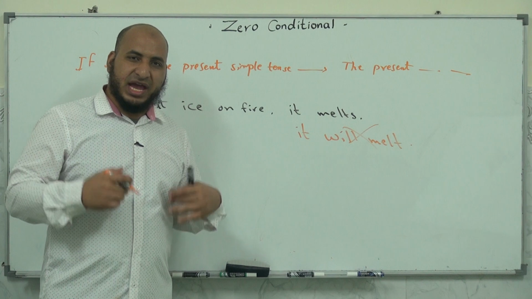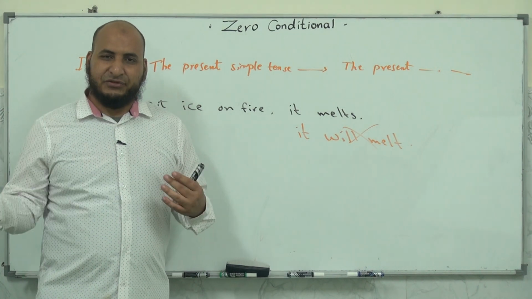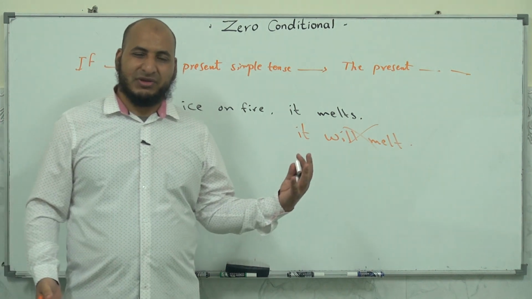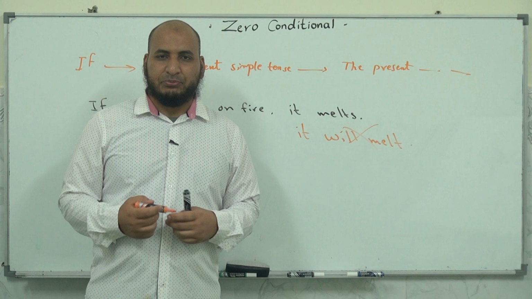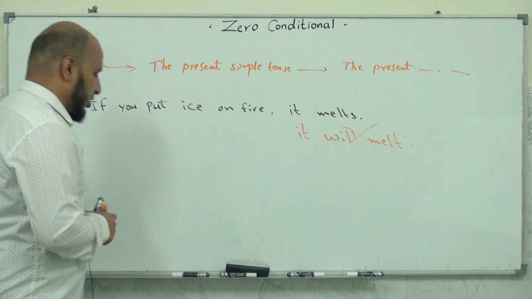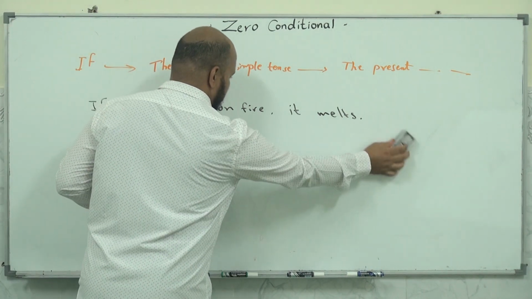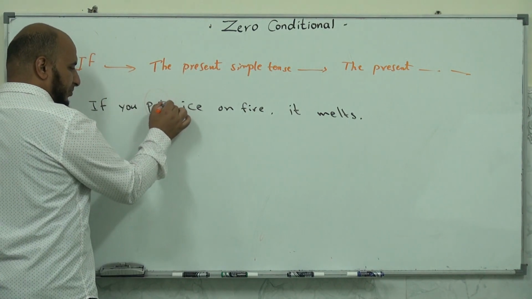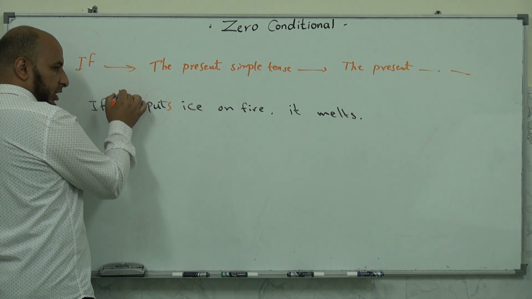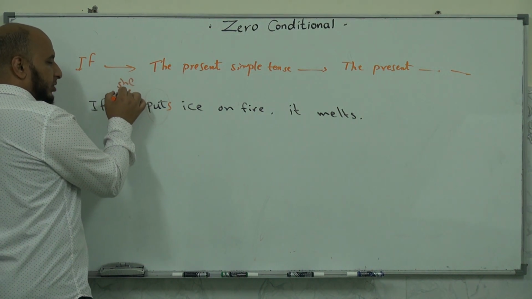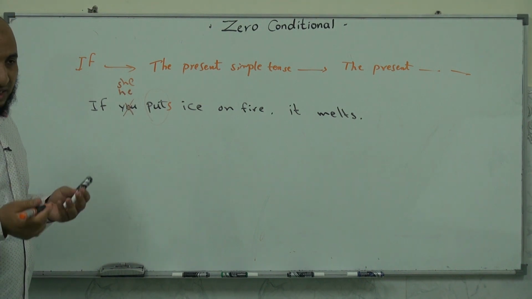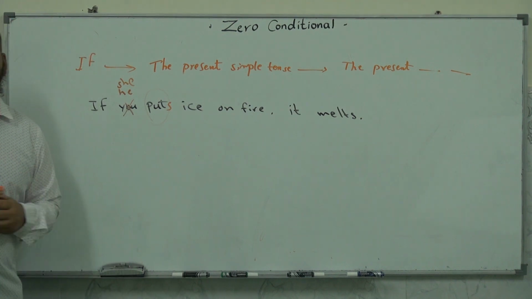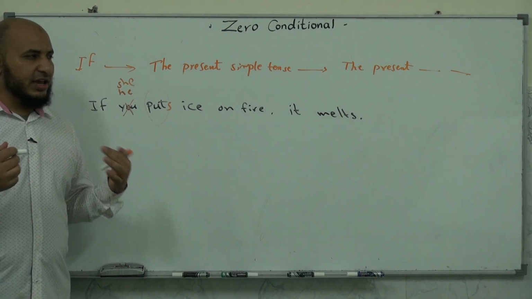And for a fact in the zero conditional, the first side of the sentence is the present simple tense, and the other side of the sentence is the present simple tense too. Okay. So again, this applies with if it, he, she, Ali, or any singular pronoun. You can write when instead of if.